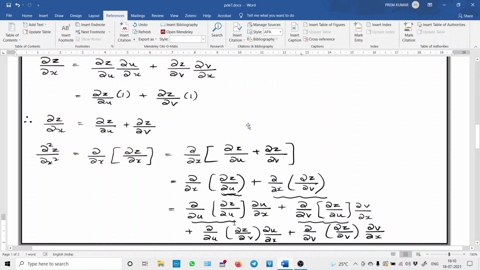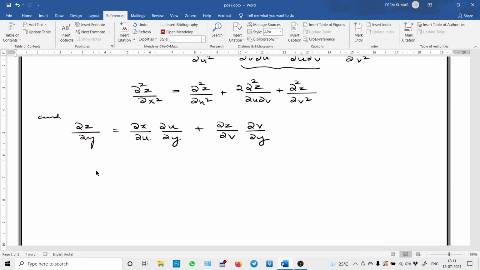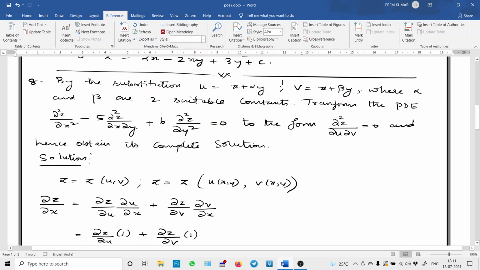Similarly, differentiate z with respect to v and v with respect to y. Now what is ∂u/∂y from here? ∂u/∂y is alpha, ∂v/∂y is beta. So this one as it is we write ∂z/∂u, and this is alpha, plus beta times ∂z/∂v.